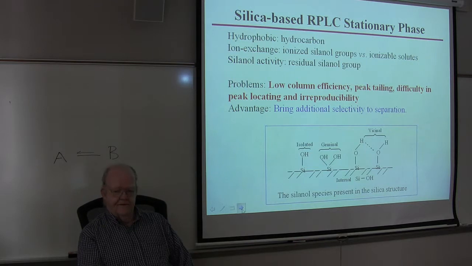The problem is, as you know, that when we chemically modify the surface of the silica, we do not get rid of all of the surface silanol groups. Some of them remain as silanol groups, and some of those silanol groups will ionize. The SiOH will deprotonate depending upon the pH.